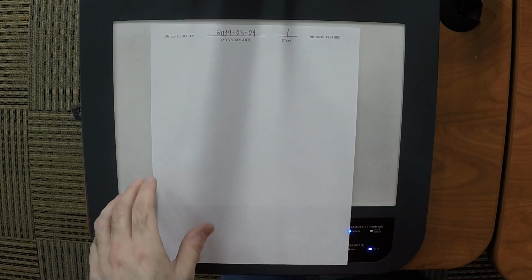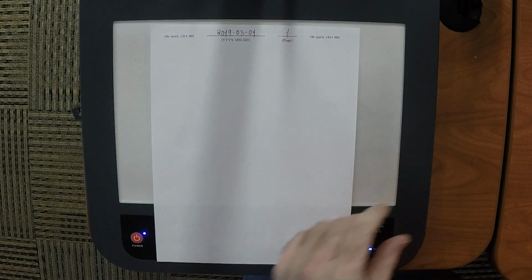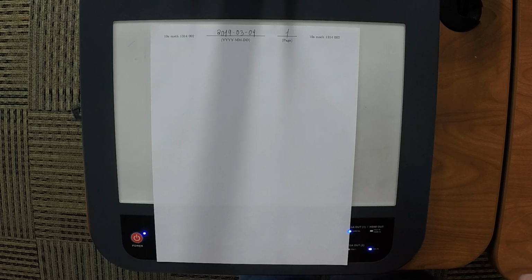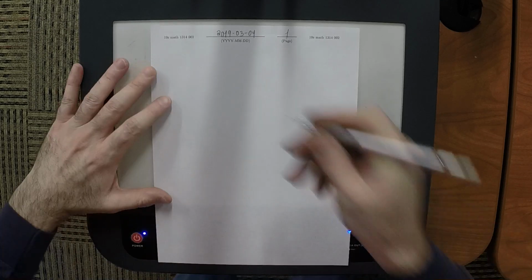Good? All right. So when we left last time, we were talking about sets and intervals and various operations on sets and things like that.